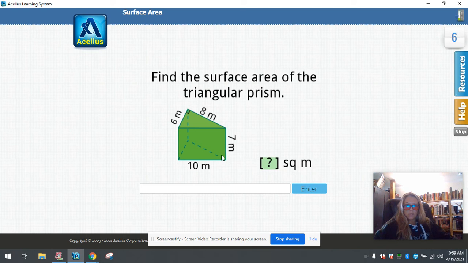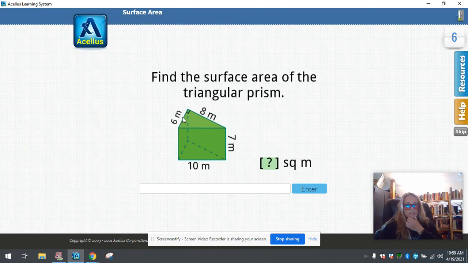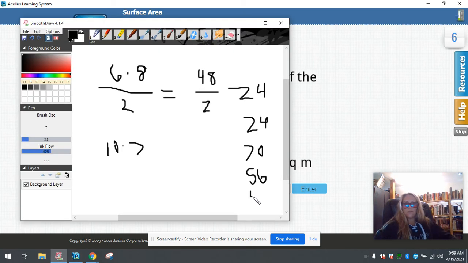This bottom length would be 8 too, and this other side length would be 7. So 7 times 8 is 56. And then this last little rectangle over here. And you might be like, oh, what's that side? Oh, it's 7, because this side matches this side. So we're going to go 6 times 7, and that gives us 42.